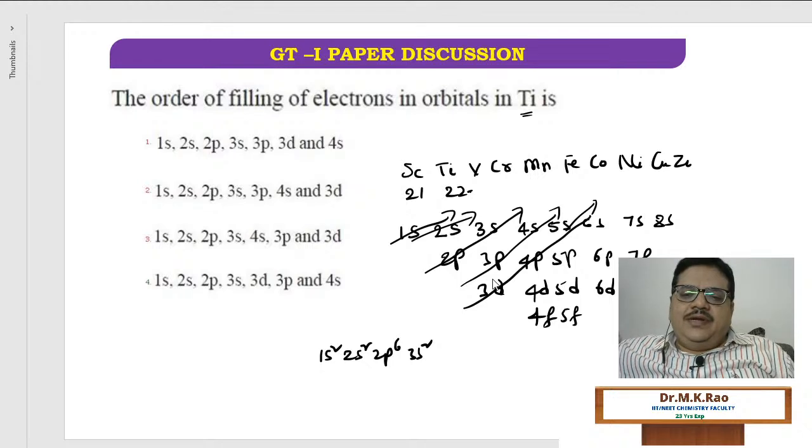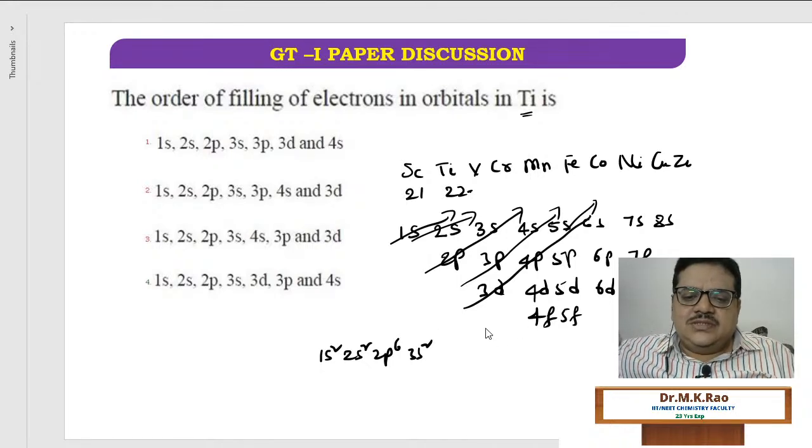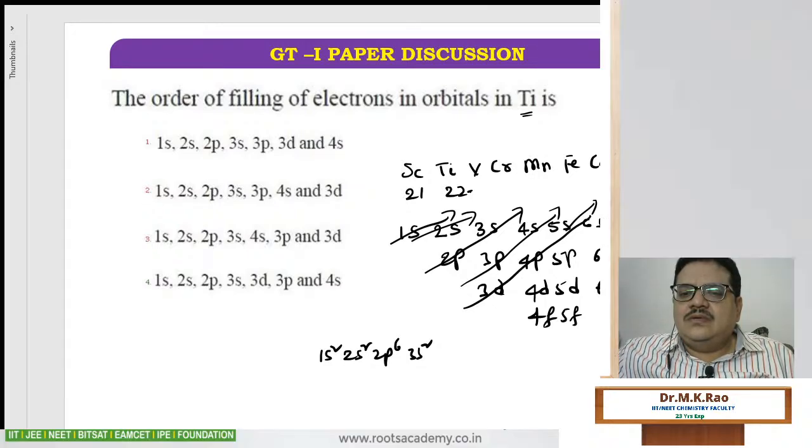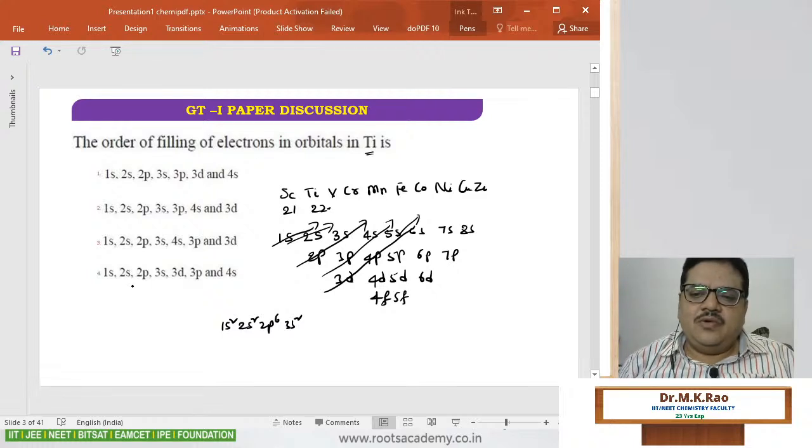Here, 1s2, 2s2, 2p6, 3s2, 3p6. After 3p6, 4s2, then 3d2, because titanium is 22.